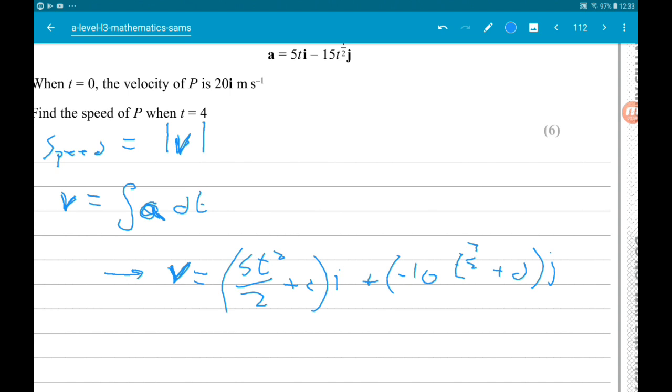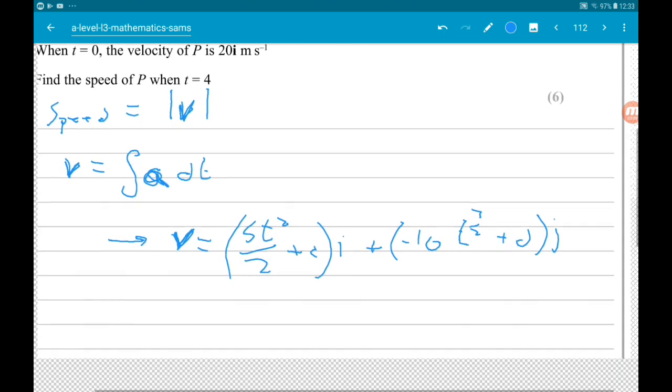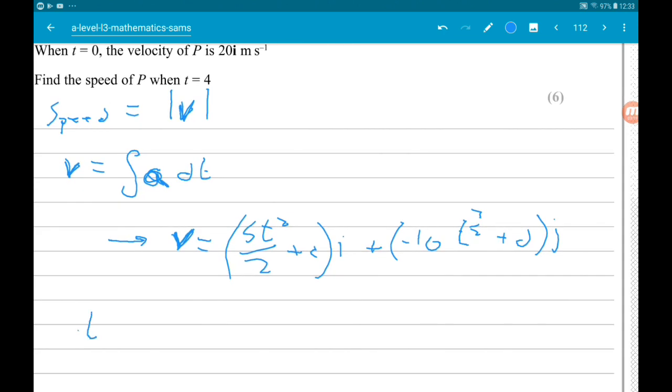So that's the j component. Okay, so we now need to find the constants. So we know that when t is 0, v is 20i. So t equals 0 then is going to give us c i add d j is equal to 20i.